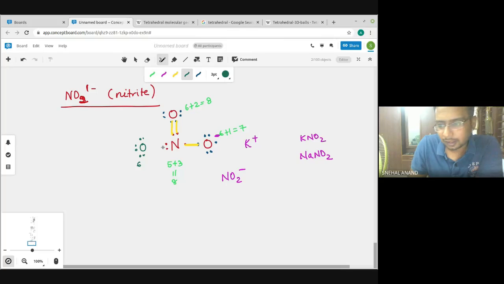See, what I'm trying to tell here is this nitrogen will form a coordinate bond with this oxygen. This nitrogen doesn't need more than 8, so it is happy. This needs 2 more. So the nitrogen will share this lone pair of electrons and form a coordinate bond. Did you understand this? This way, this will form NO3 minus, which is a nitrate.